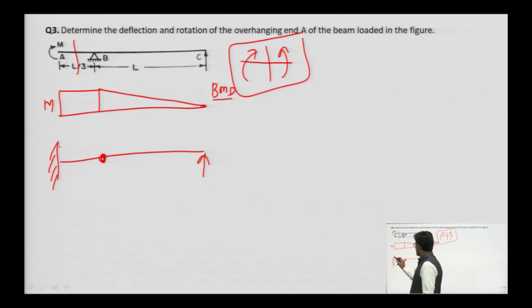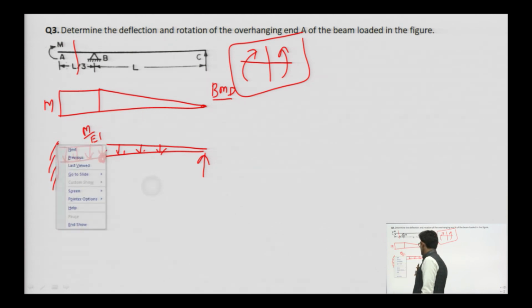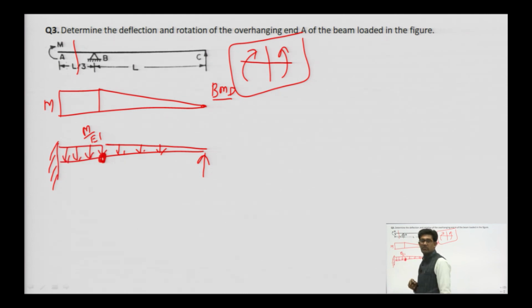And the loading will be M upon EI, if EI is the same throughout. Here it is triangular. This is the loading on the conjugate beam: UDL type of loading here, and a triangular loading here.